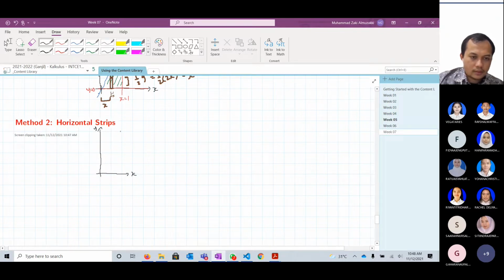X, Y. Let's draw using the same color. This is y equals 0 and x equals 1. The blue line is y equals 2x, or we can also write it as x equals half of y.